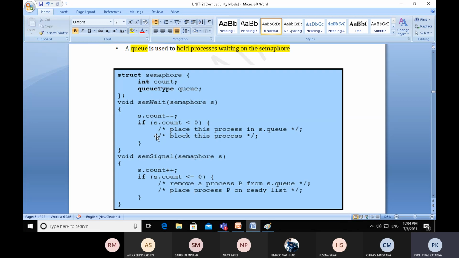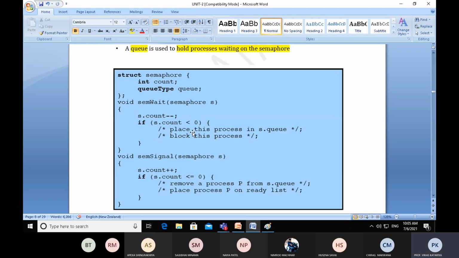Now we have to check if s dot count is less than 0, that means it becomes a negative value. If it becomes negative, then what we have to do, we simply put the process into the blocked state. So place this process in s.q, block this process.